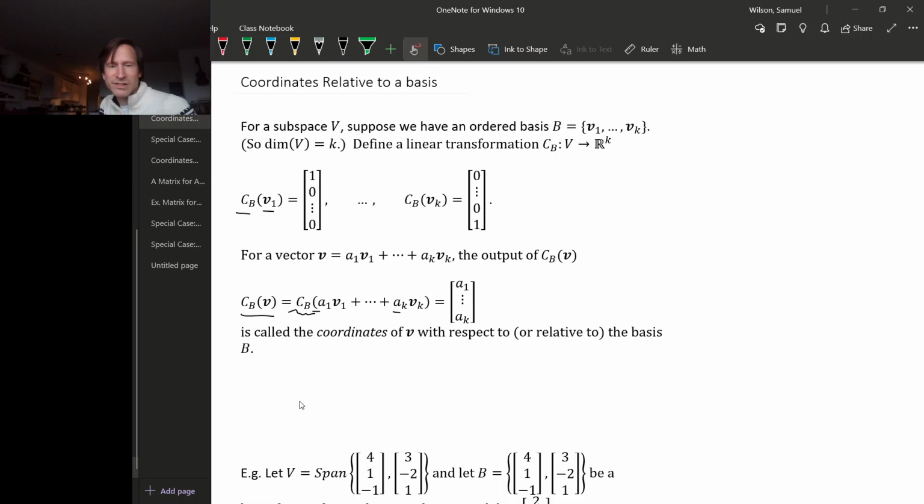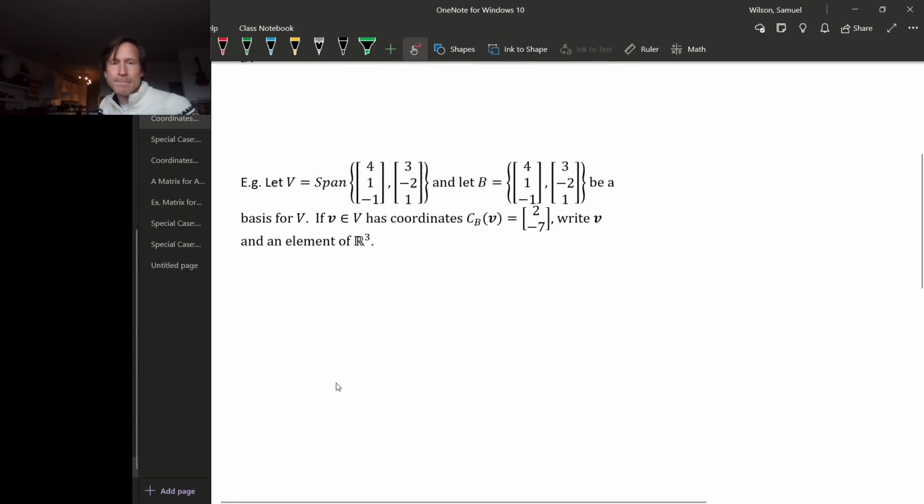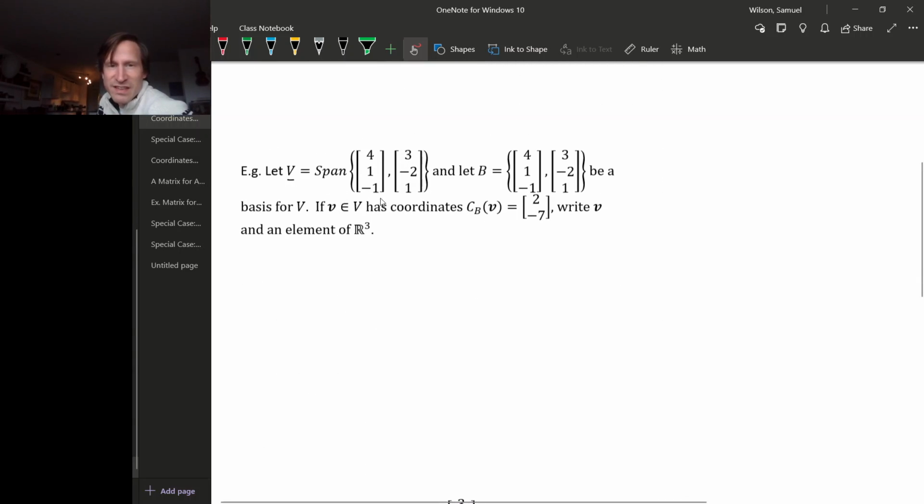Okay, so just to get some feeling for how this coordinate idea works, let's say we have a vector space V that's given by the span of these two vectors. These two vectors are linearly independent, so in fact they serve as a basis for this subspace V. And let's say that little v is a vector in capital V that has 2 and minus 7 for its coordinates.